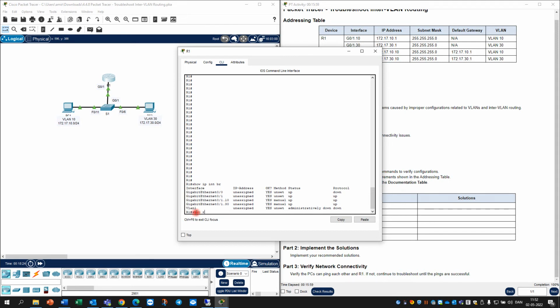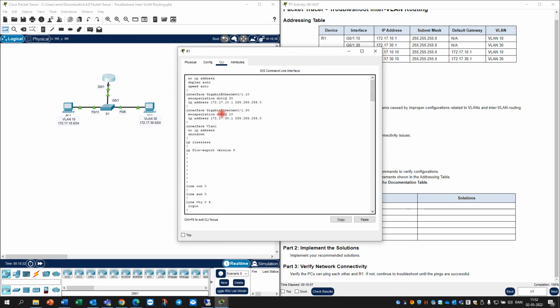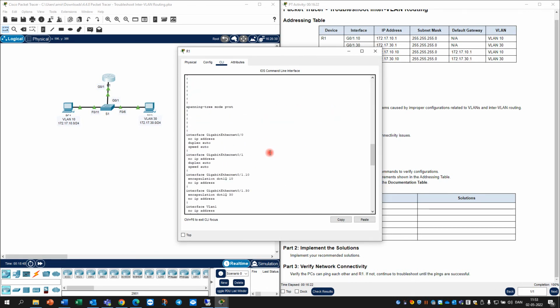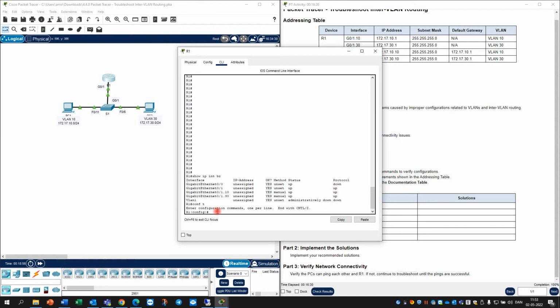But the problem is here: we don't have any IP address here, because after we fixed the encapsulation dot1Q for these sub interfaces, both IP addresses were removed. In this situation you should go to conf t and interface G0/1.10, and it's a very good issue to learn more and more.